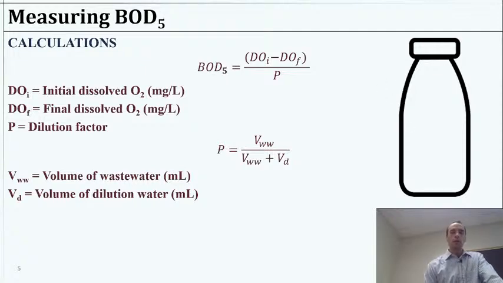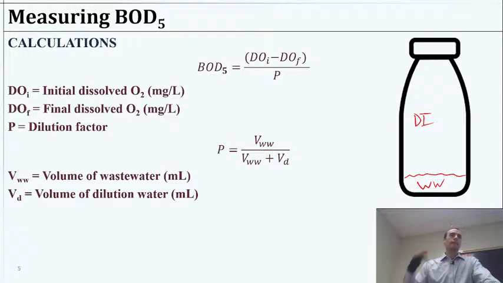So if in our bottle we imagine that something like 10% is wastewater and the rest of it is DI or dilution water, that's kind of how we could imagine it, right? So if we fill this bottle to the top and we have it in that regard, we have some volume for the dilution and we have some volume for the wastewater. I guess we could just write a V there.